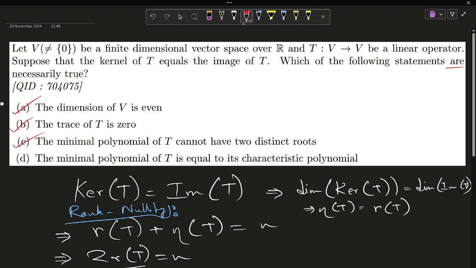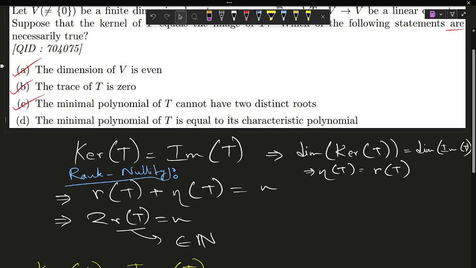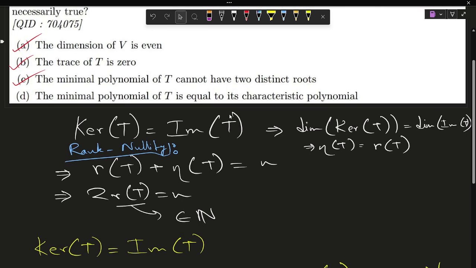That will also be true, because all the eigenvalues are 0, and the roots of the minimal polynomial are the distinct eigenvalues. As all the eigenvalues are 0, it cannot have two distinct roots. And the minimal polynomial of T is equal to its characteristic polynomial? That may not be true.